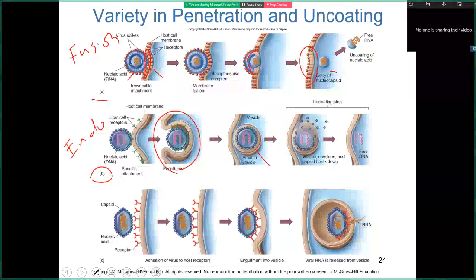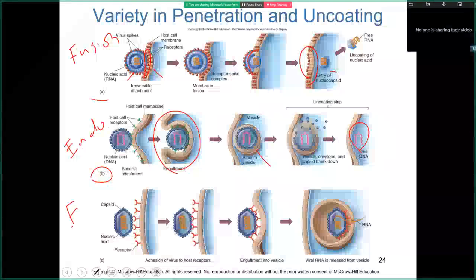Then ultimately the vesicle and the envelope and the capsid are all removed, and you get your free genetic material in here. It's DNA. And then this is endocytosis.